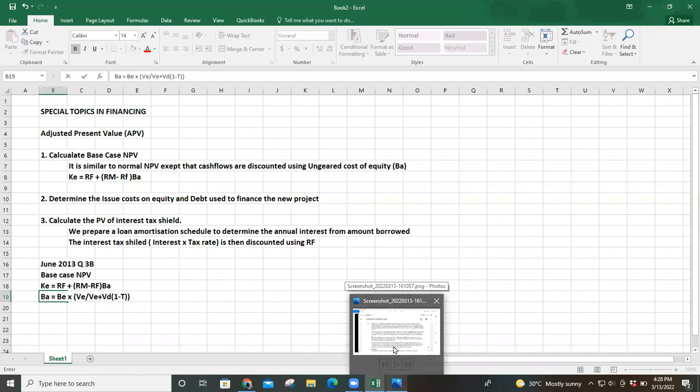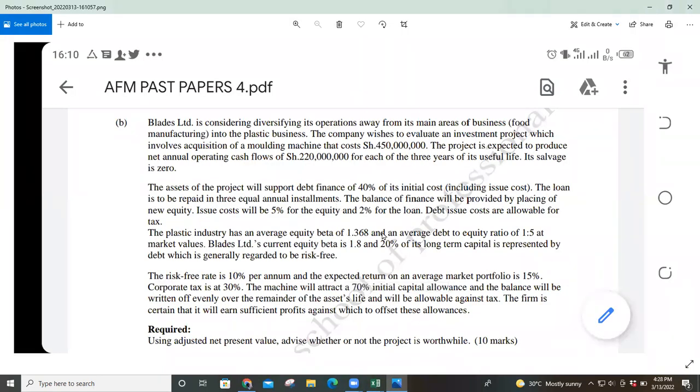So there we are told the value of equity. We are looking at the plastics industry. Our BE is 1.368 and debt to equity is 1:5. Debt is 1, equity is 5.